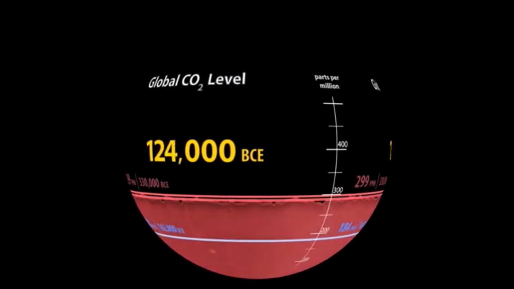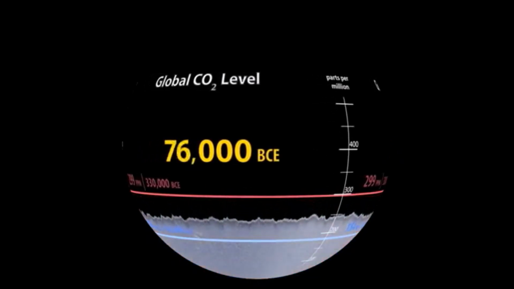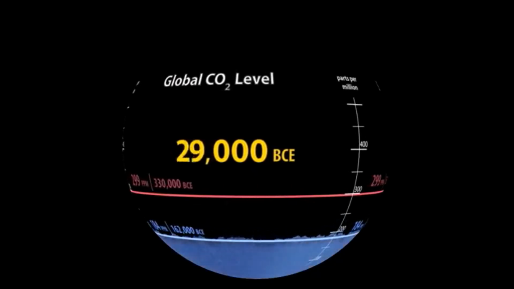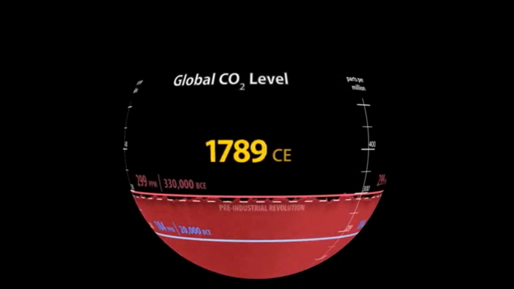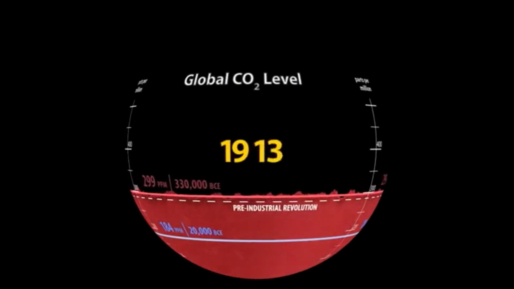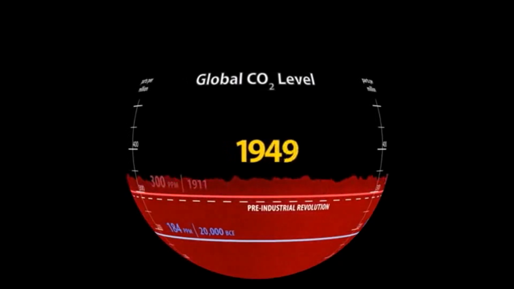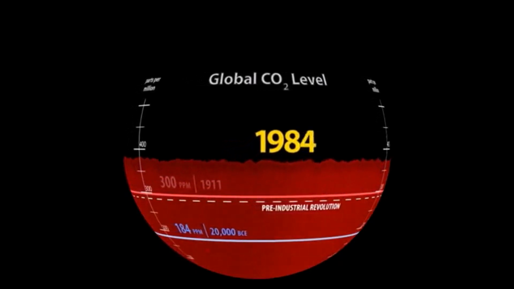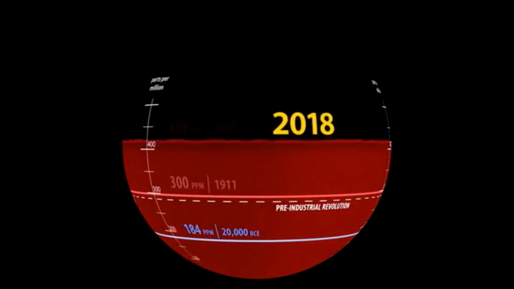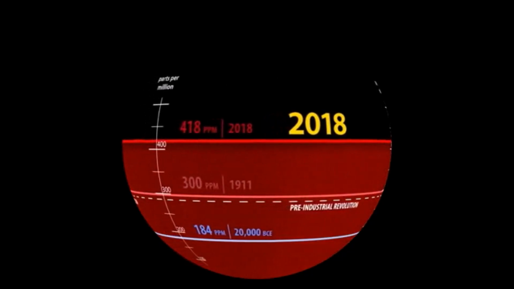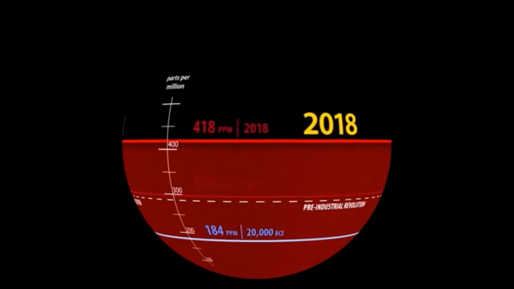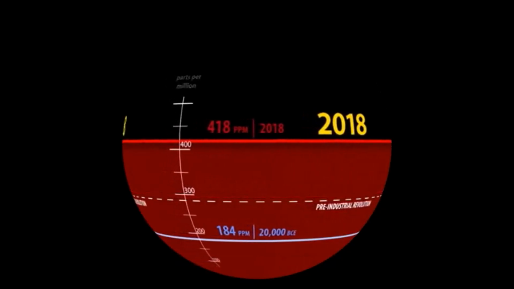In human terms, these changes have taken a very long time. But now, something is different. We are changing the biosphere in a few decades as much as the whole system changed over tens of thousands of years.